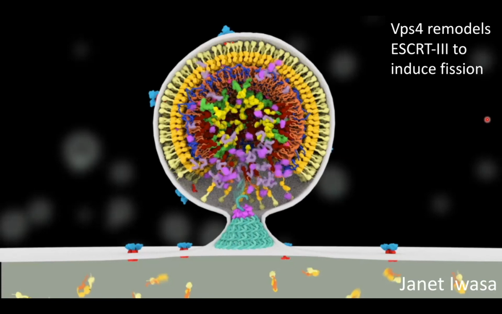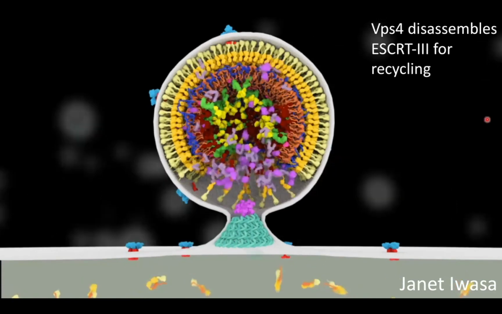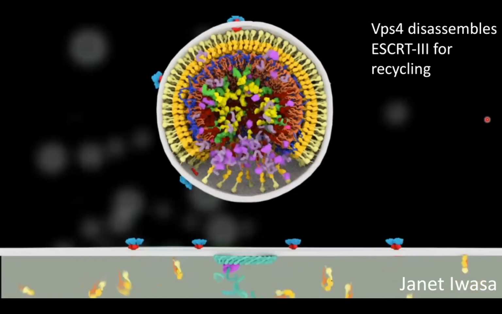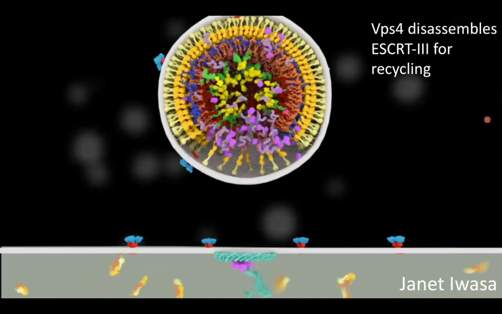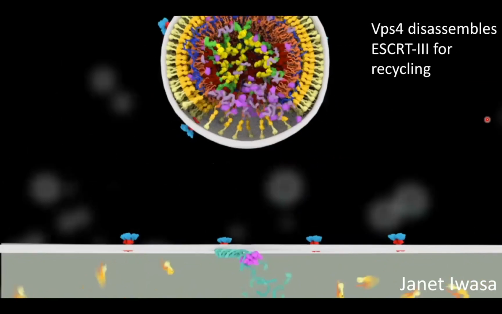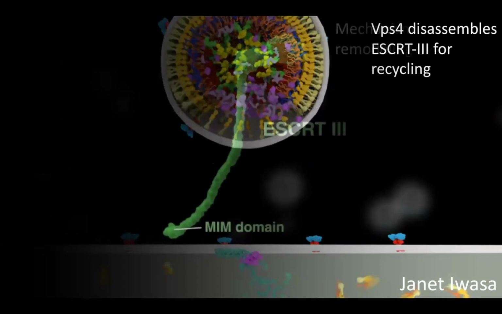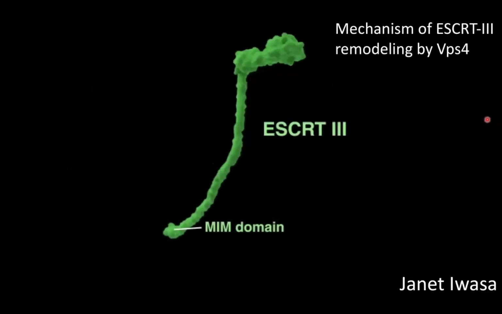So please forgive that artistic license. And that, we believe, drives the membrane fission. And then the VPS4 continues, we think, to do essentially exactly the same thing on the remaining ESCRT3s to reset the system. So the way in which we think the VPS4 works is illustrated in another of Janet's beautiful animations.